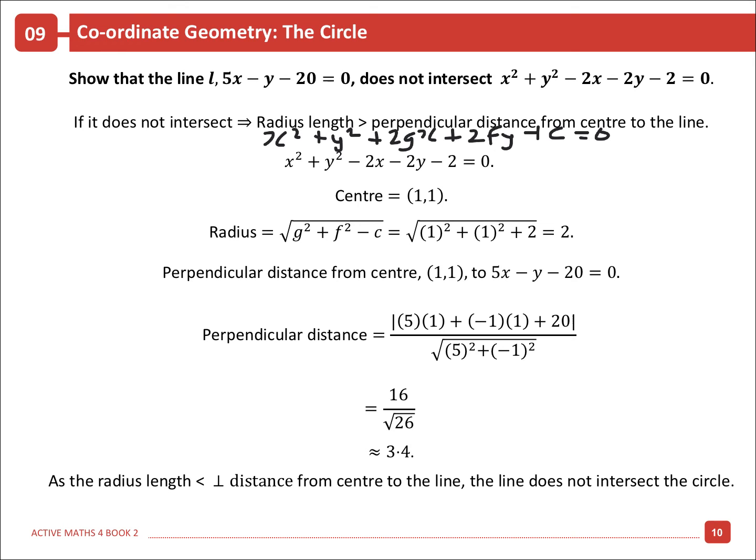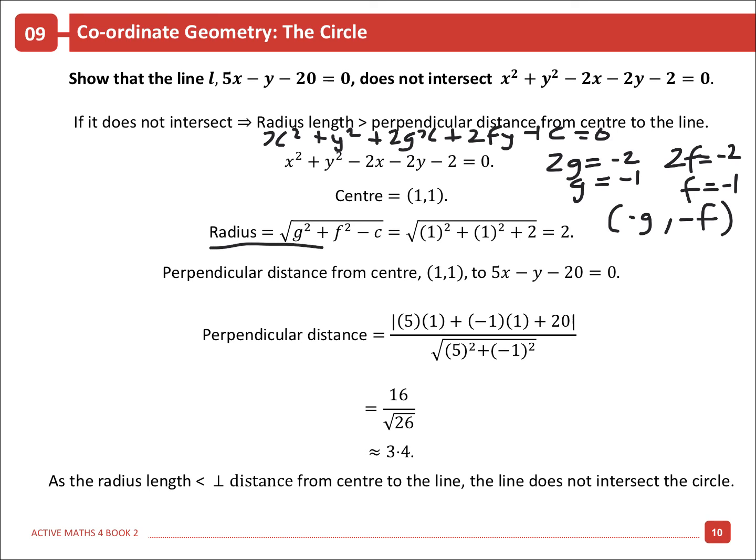Then what you're going to find is I have here that 2g is equal to minus 2. So g must be equal to minus 1. And similarly, 2f is equal to minus 2. So f must be equal to minus 1. Now remember, my center point is minus g, minus f. So minus minus 1 and minus minus 1, which gives me 1, 1.